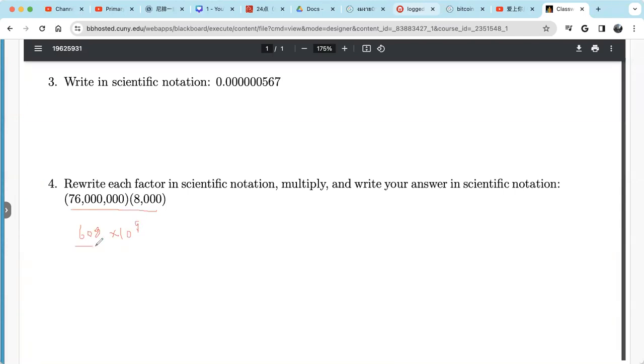Now, 608 is too big. The first number has to be in between 1 and 10. So we make a 6.08 times 100. Right? 100 is 10 raised by 2. Then multiply by the 10 raised by 9 we had before.